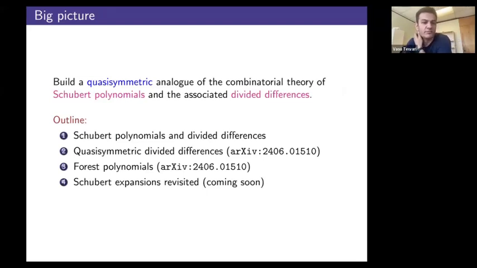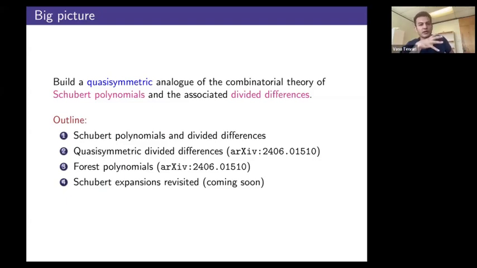The aim is to build a theory parallel to the extremely rich theory of Schubert polynomials, rich both from the combinatorial perspective as well as the algebro-geometric perspective. And the genesis, the origin of this classical theory is in these operations on polynomials called divided differences.